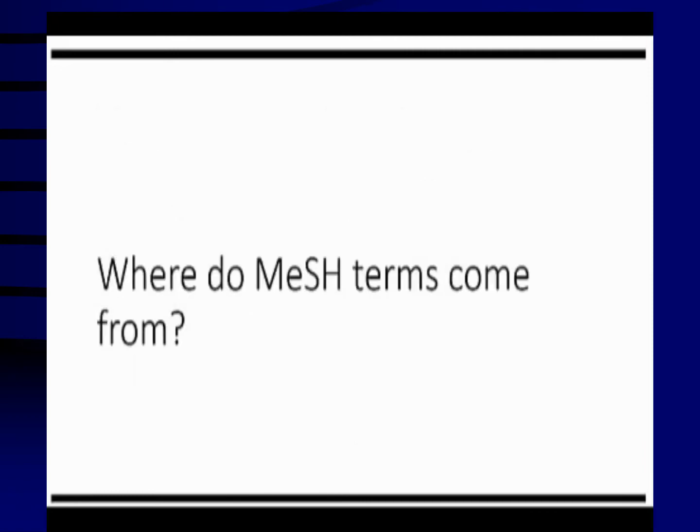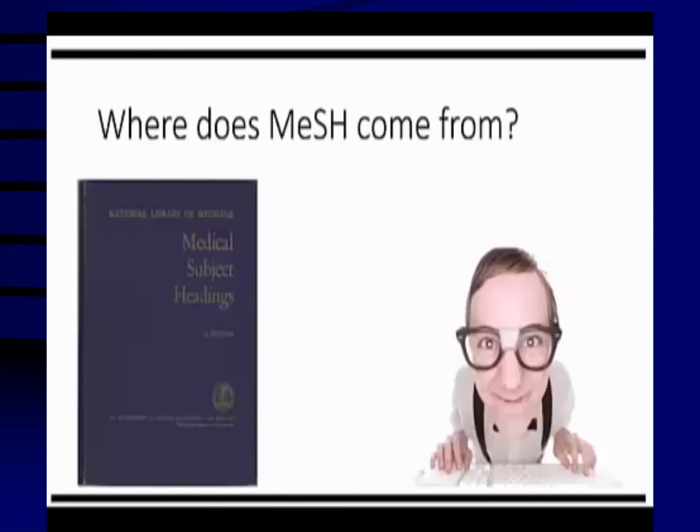Where do MeSH terms come from? Well, MeSH was developed by the National Library of Medicine. It was originally published in book form as Medical Subject Headings. However, today it exists as an online database, and it's updated annually. And there's this whole group of nerds at the National Library of Medicine who are really into indexing things that assign MeSH terms to citations in PubMed.